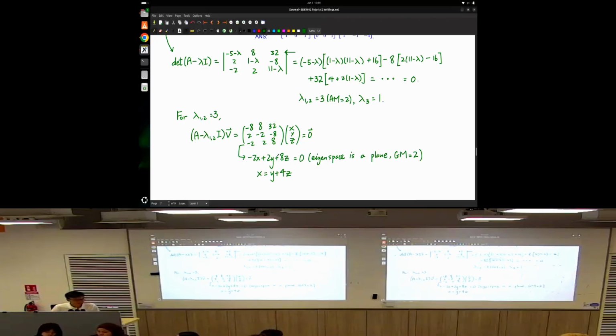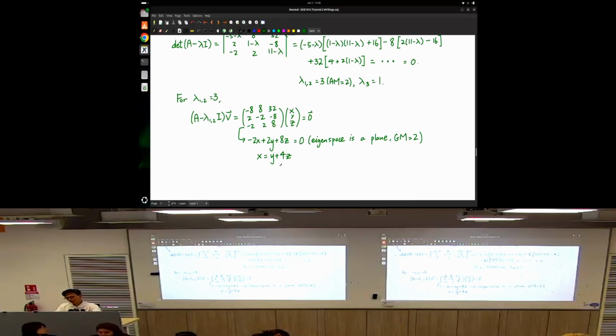If I choose my y and z, then x is automatically defined. So at any one time, there are only 2 free variables. That's also referring to the geometric multiplicity being 2. So you can choose 2 eigenvectors to span the plane.